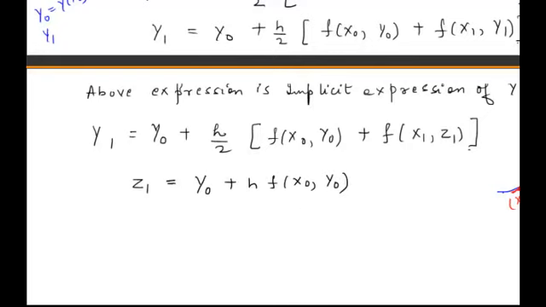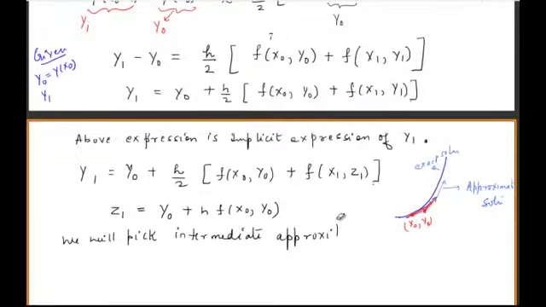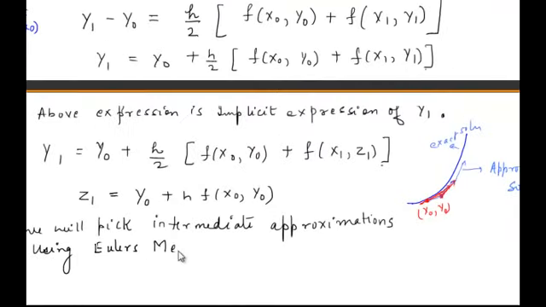We will pick the intermediate approximations using Euler's method. So we will use Euler's method and find the intermediate approximation. Then we'll take the average of two slopes, get closer to the curve, and find our y1.